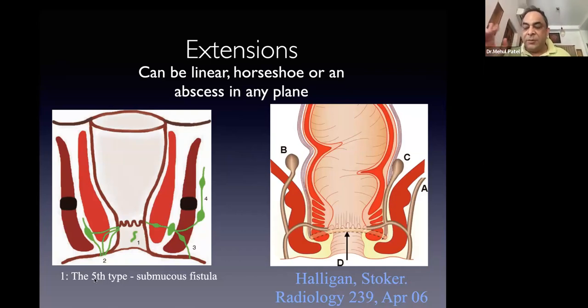The moment you see bilateral external openings, you are convinced that there has to be a horseshoe. Without a horseshoe, you are not going to get two external openings. You understand? If it is on both sides of the natal cleft, then you must have an interconnecting tract within the anal canal. Otherwise, how will the anal gland inflammation go to the other side?